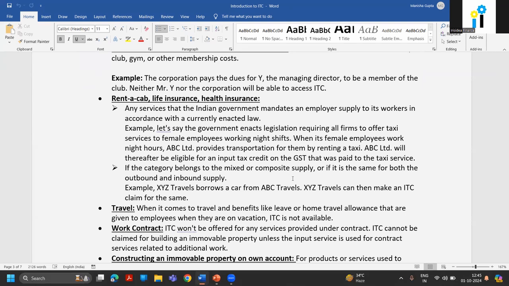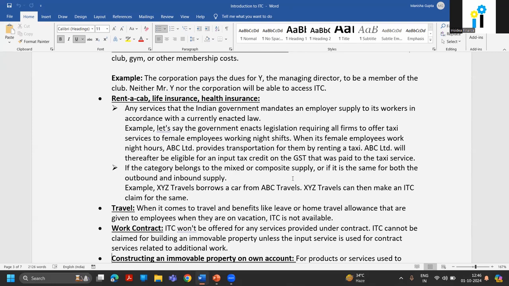The government has given legal notice to all firms that you have to offer a taxi to your female employees who work the night shift. When female employees work night hours, ABCD Limited provided transportation for them by renting a taxi. ABCD is a travel and transportation company which provides rented taxis to the company.